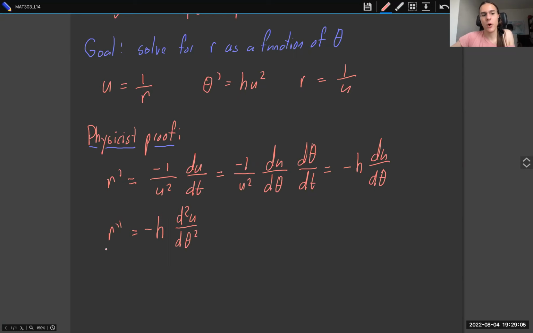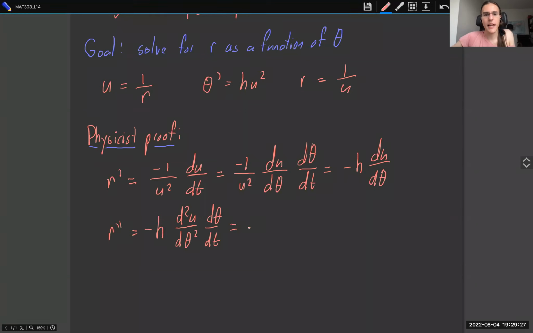But here we want to take d dt. So we have to multiply by d theta dt in order to basically get our derivative with respect to u and then theta. Now, writing it as du d theta, that's sort of nonsense because u isn't simultaneously a function of theta and t, it's one or the other. I'm going to explain what this means in a second.